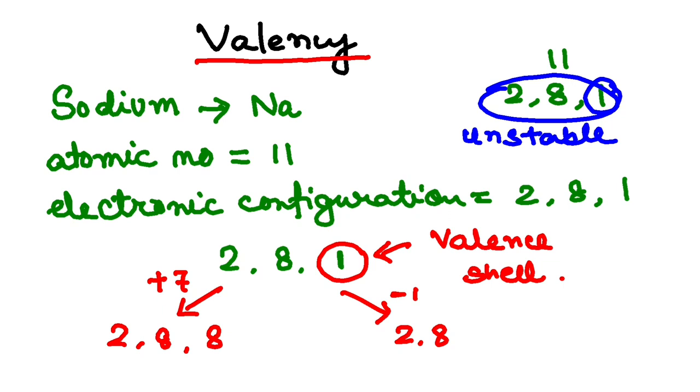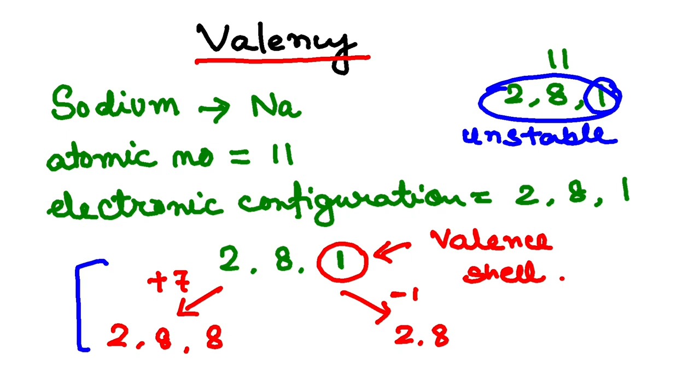This statement is very important. All the elements, all the atoms, they try to attain the stable configuration. Okay, so come back to the story now. If you take 7 electrons from somebody, it will become 2, 8, 8, which is a stable configuration. Similarly, if it releases 1 electron, it will become 2, 8, which is also a stable electronic configuration.